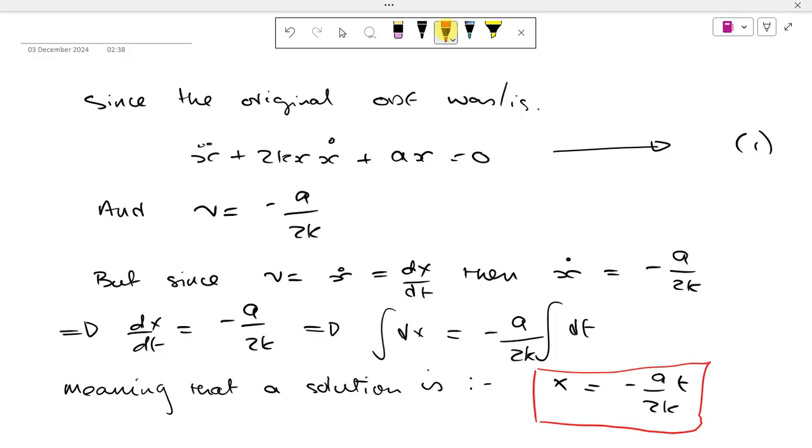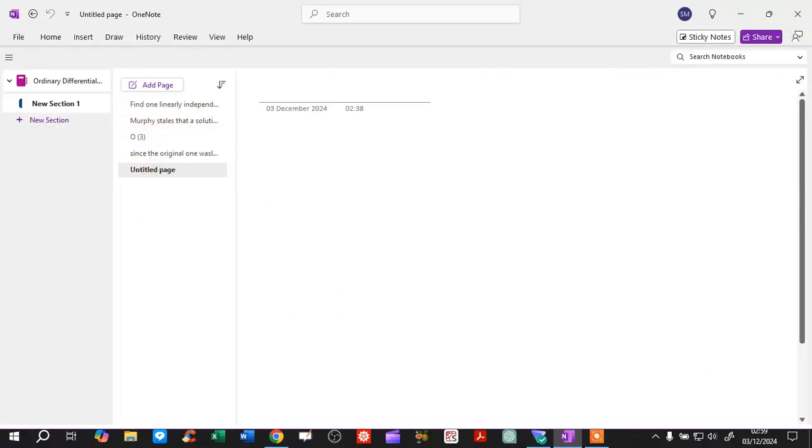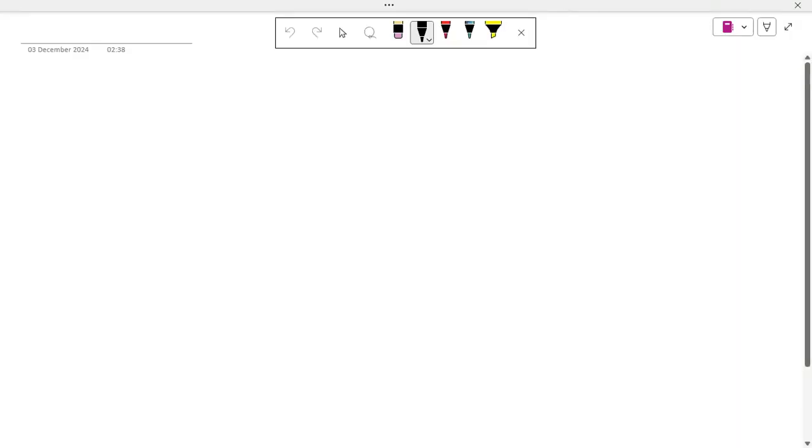How do we know that this is a solution of this equation? Well, we differentiate x, okay? So let's do that. So let me just go to another page and let's maximize that. So we'll just rewrite equation 1 at the top.